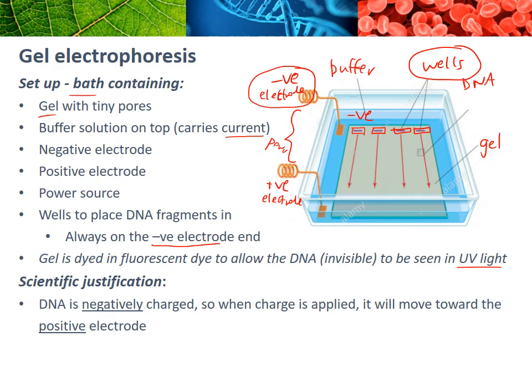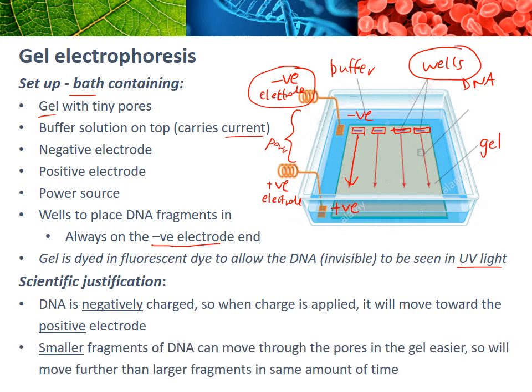It's like when you put the same end of two magnets together and they want to push away from each other. The negatively charged DNA will be attracted to the positive electrode up here. So the DNA will move towards the positive electrode.